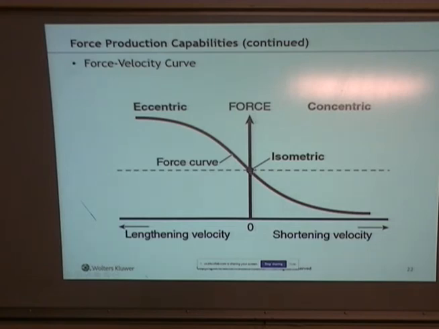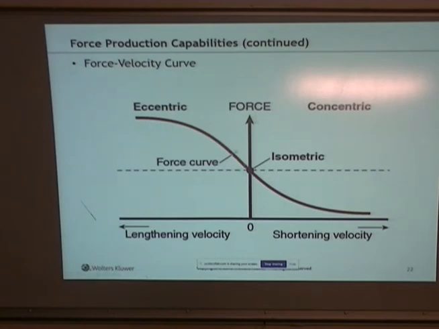What's interesting here is that to the right is the force production from concentric action. Concentric action is always less force than you can produce isometrically in that muscle.